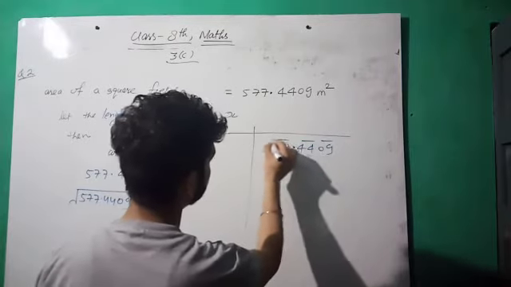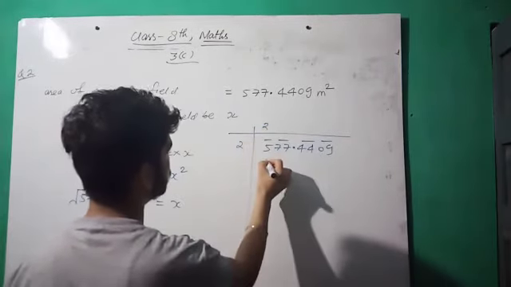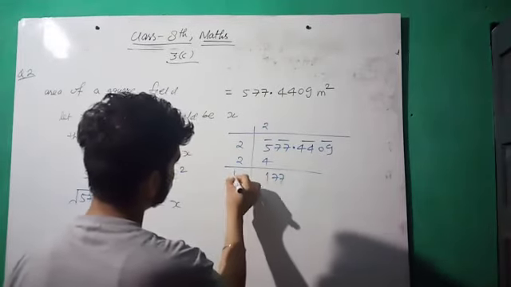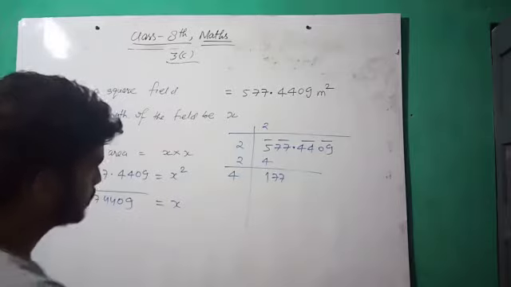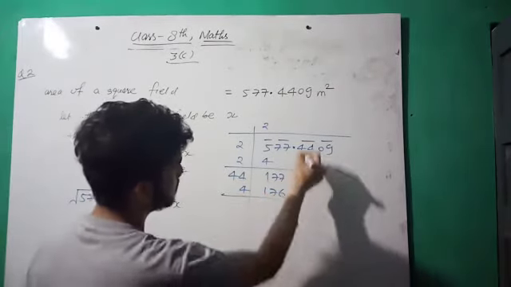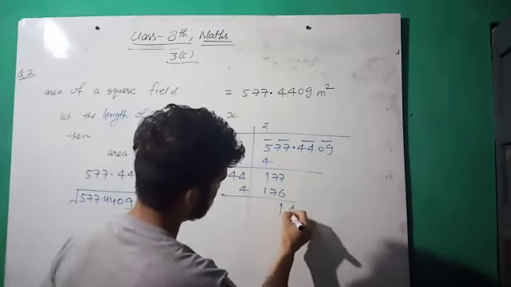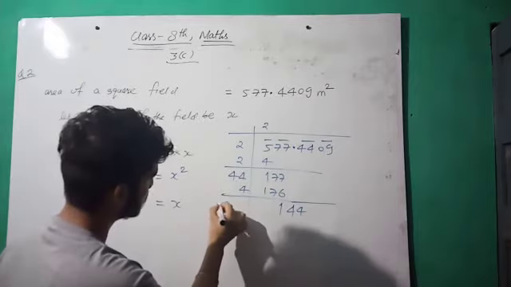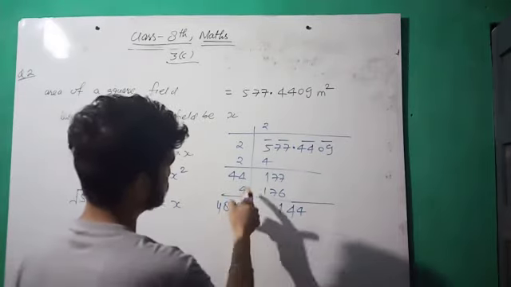Same, we make the group first, then multiply 2 into 2, 4, then 177, 2 plus 2, 4. Okay, 44 into 4, 176. Now bring down 1 and take both the digits, 144, 4 plus 4, 8, 48.